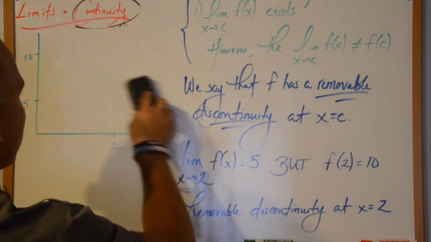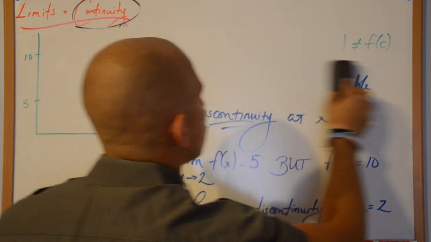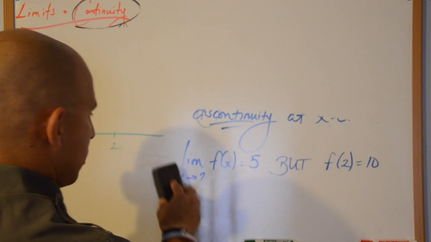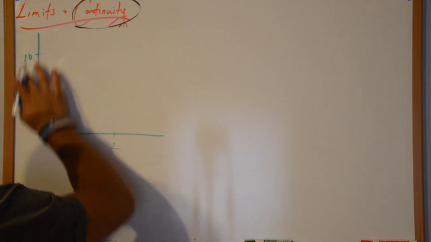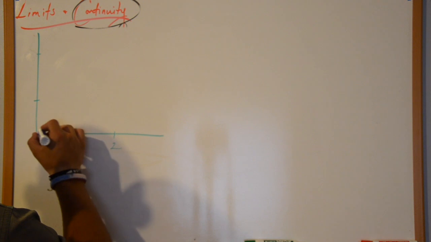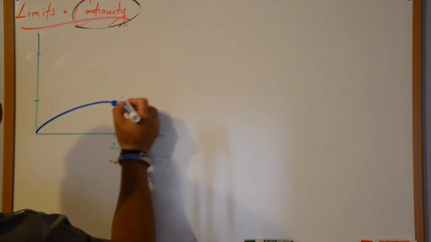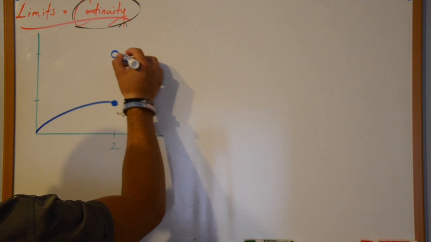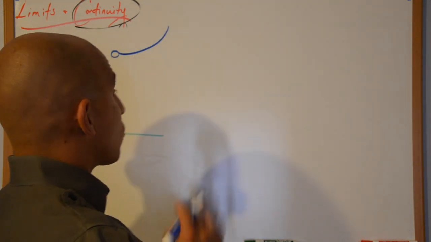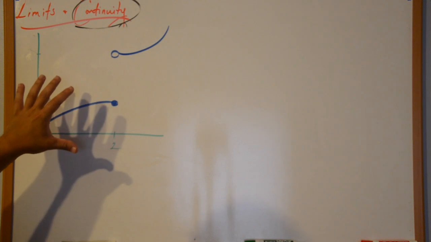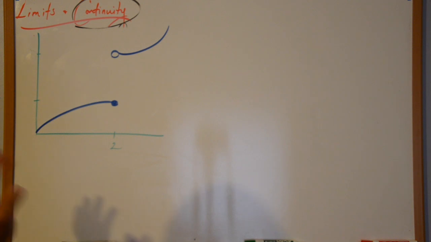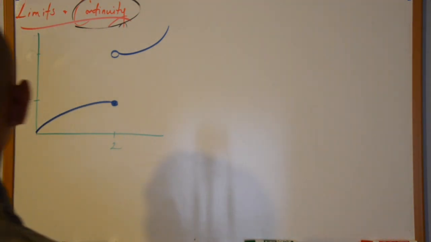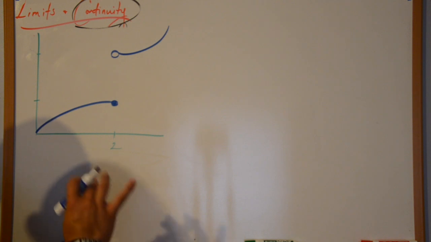Scenario 2 is slightly different. Let's say we have something along the lines of this. Graphically, you should be able to look at this and see we have a defined and an undefined value, but also take a look at it from the left-hand and the right-hand side.